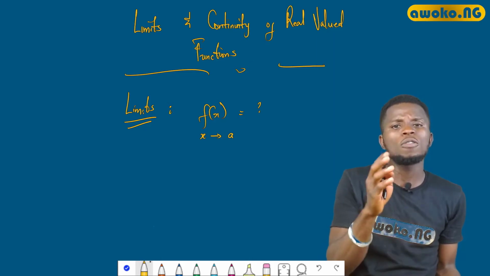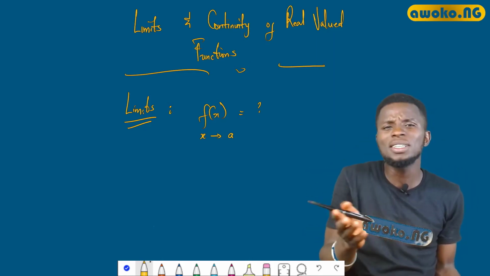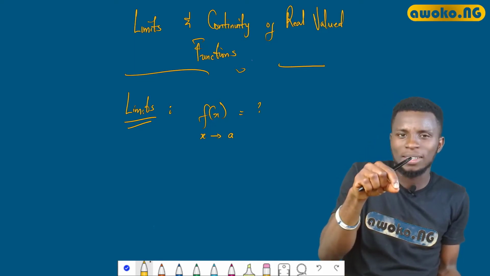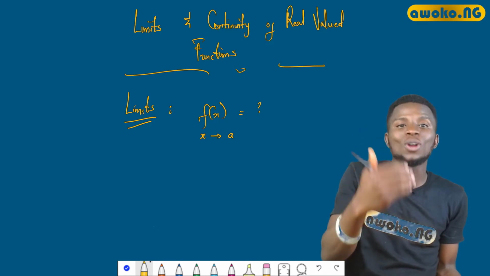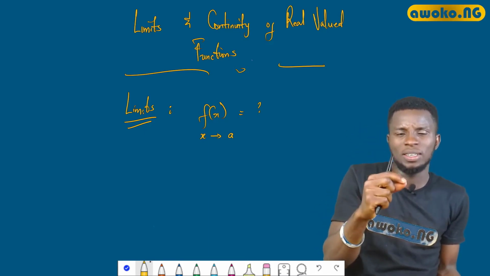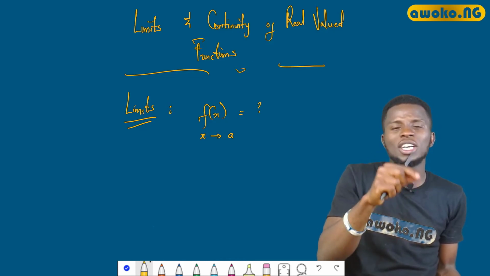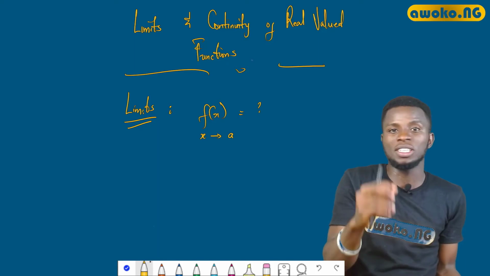Okay? Now, conventionally, generally, what does limit mean? Limit is seen as a point which is not safe to go beyond. It's a point where you try as much as possible not to get to, because when you get there, it might be disastrous.